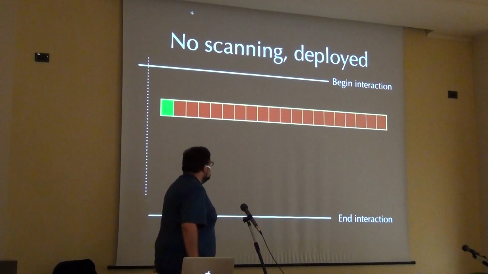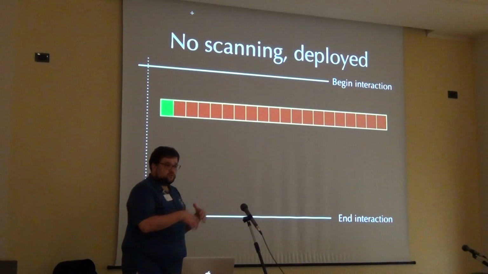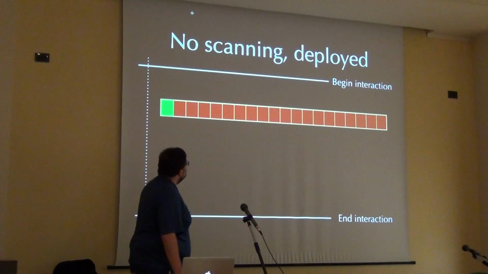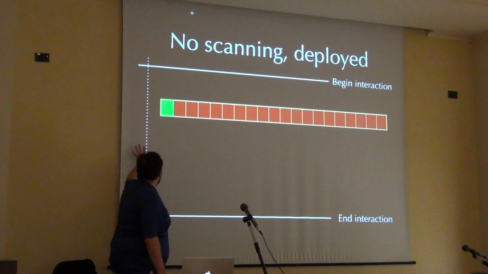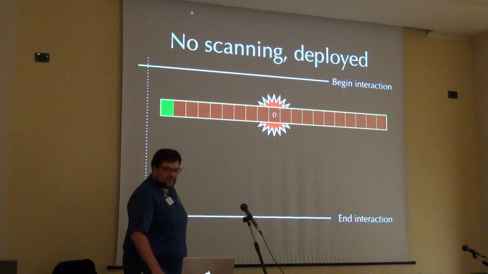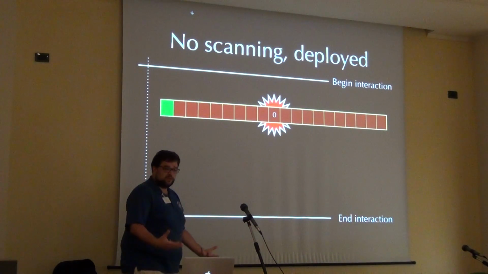Well, the first thing that is already deployed in production and was done before I left is that at the beginning of interactions with the server, it was important that you wouldn't get unexpected tombstones at random times.